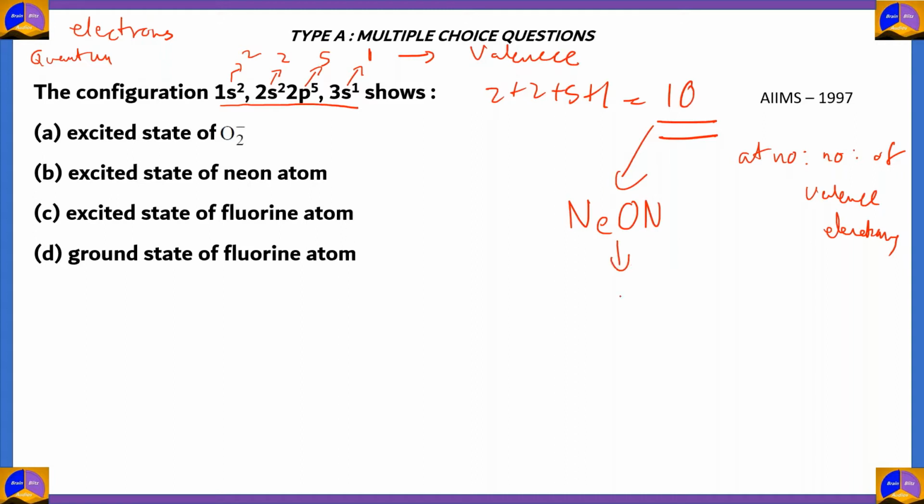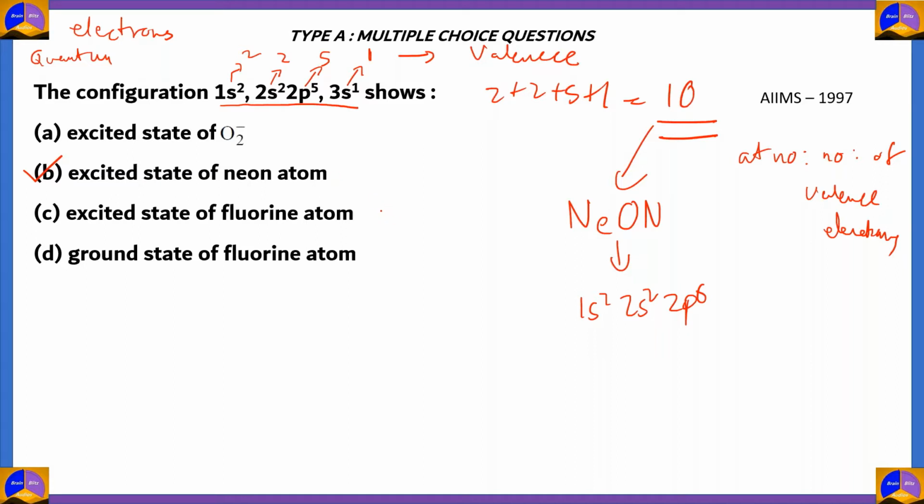And neon's normal configuration is 1s2, 2s2, 2p6. So as you can see, one electron from 2p got excited and it went to the next orbital, that is 3s1. So therefore, the right answer is option B, excited state of neon atom.